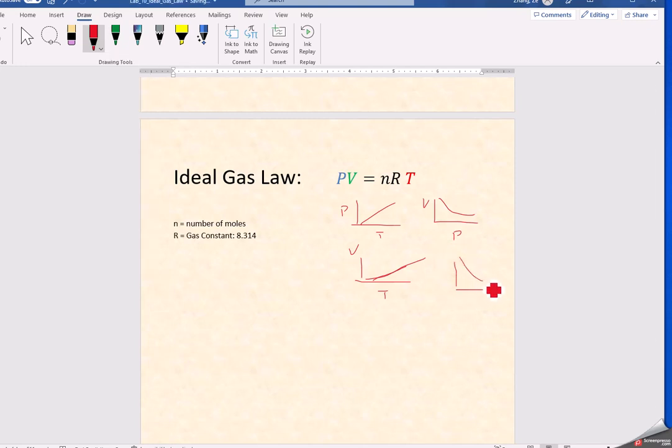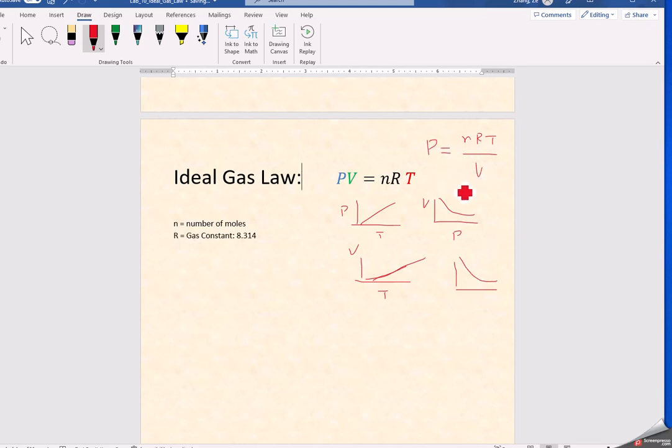So basically, you will say P equals nRT over V, because the temperature holds constant. It's a reciprocal relation: when V goes up, P goes down.